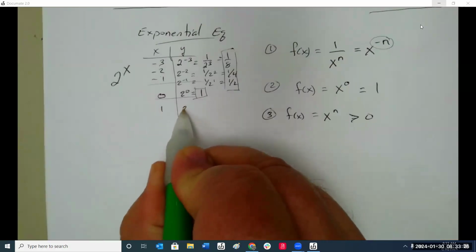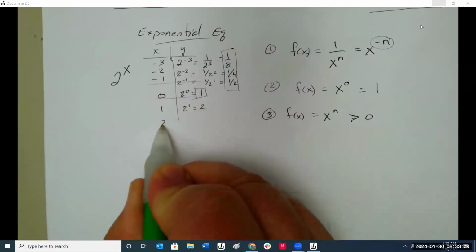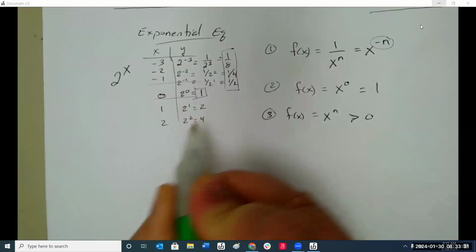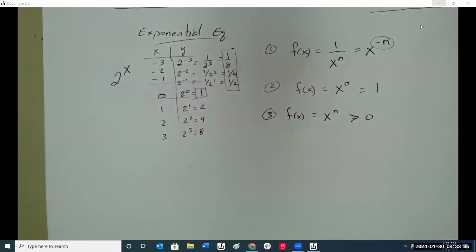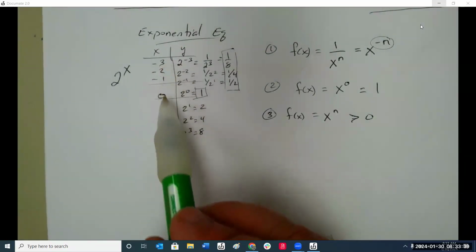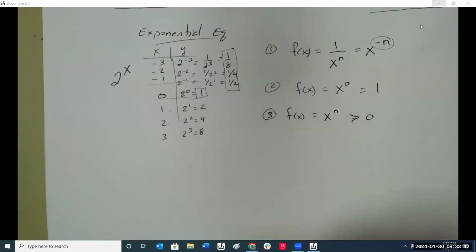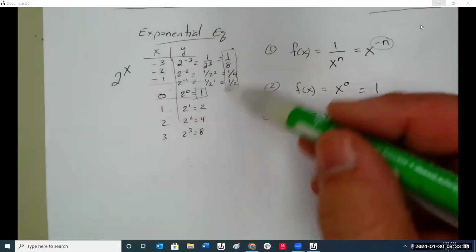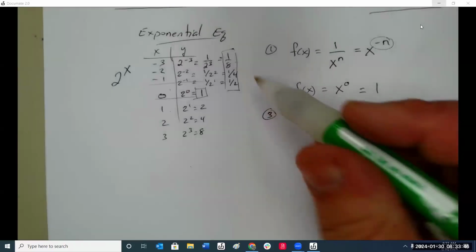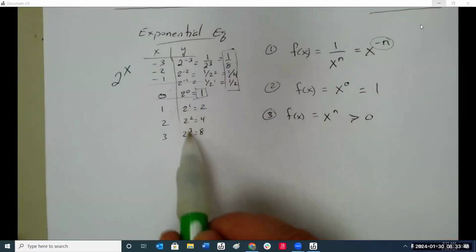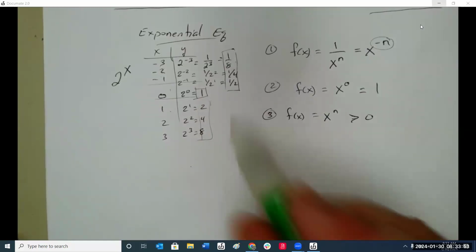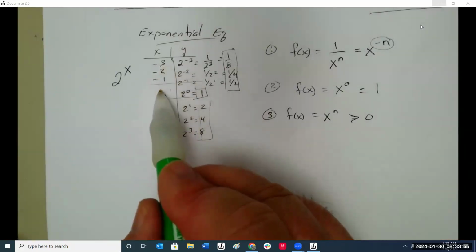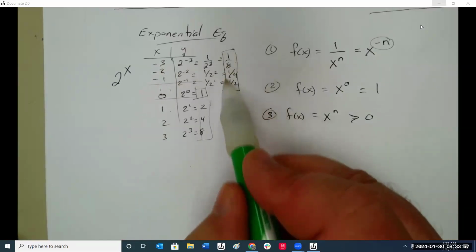And if x was positive, so x could be negative, positive, or 0, but the y values are always positive. The bigger the positive, the bigger the answer. The further you go in the negative, the smaller the answers.